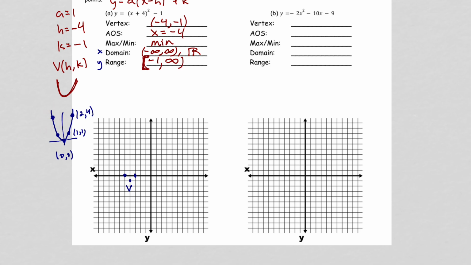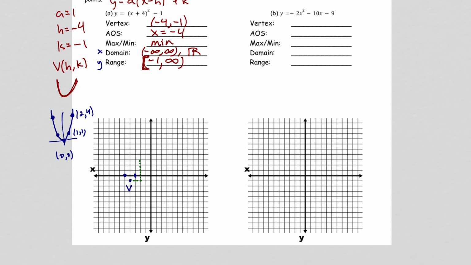The one thing that I'll point out before we go any further is that I can do the 1, 1 and the 2, 4 points because this a value is not stretched, and you should know that from some of your math experience from before. So I'm going to go over 2, up 4, and sorry, undo. I want to point out, I'll do this temporarily. We go over 2 like that, and then I go up 4 from the vertex, which puts me there.